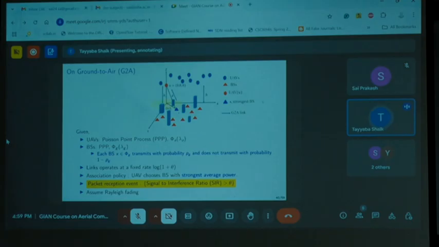In the next work, instead of letting all the base stations talk to their UAVs, we assumed a random selection protocol where each base station is either transmitting or not transmitting with a probability p.